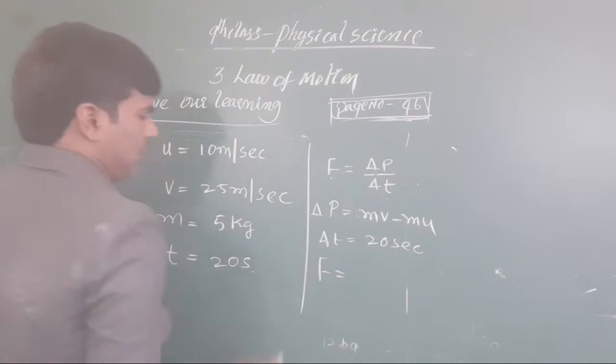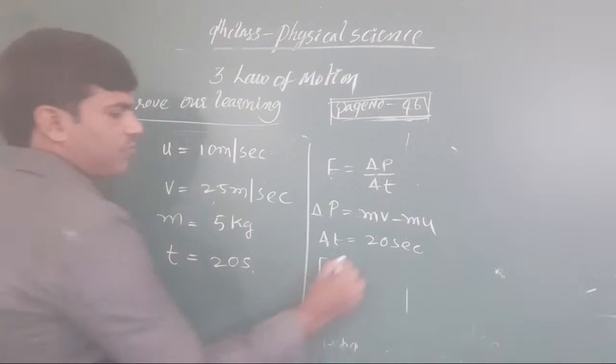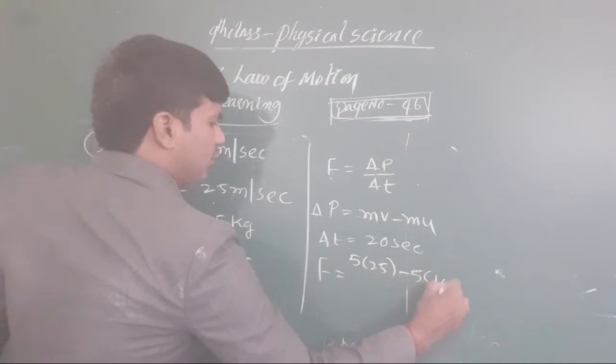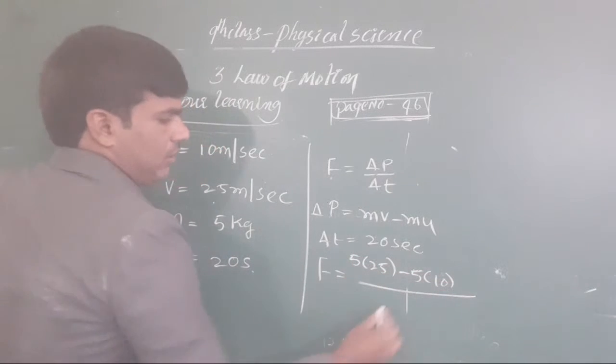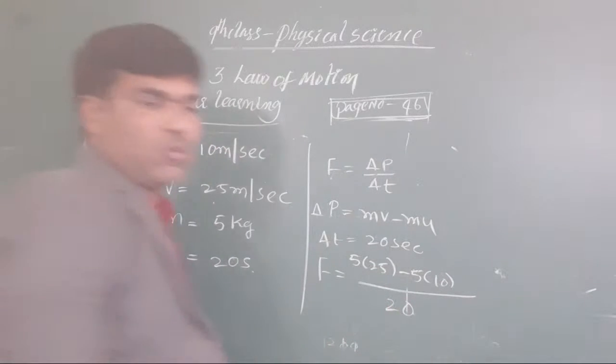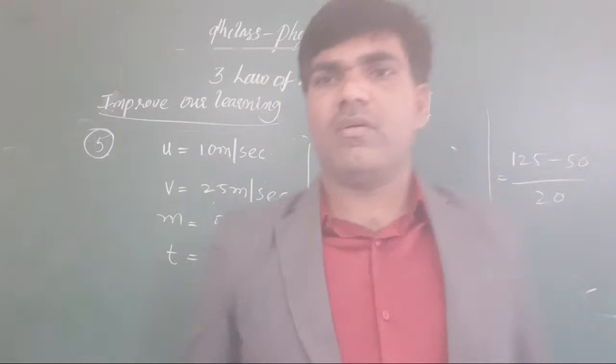F is equal to m into v, that is 5 into 25 minus 5 into 10, by 20. Okay, clear or not, all the students? That gives the answer. It is 125 minus 50, by 20. Clear or not, all the students?